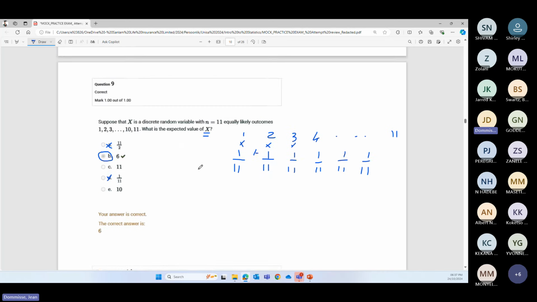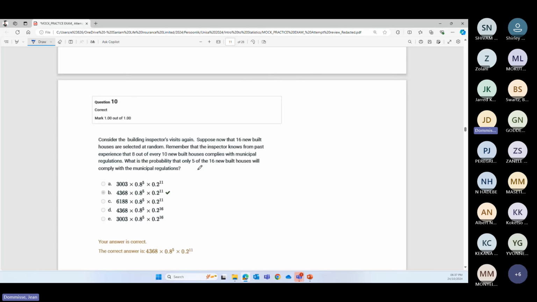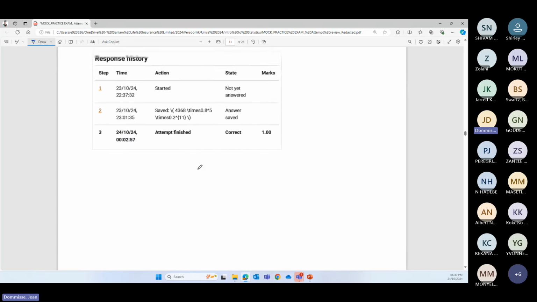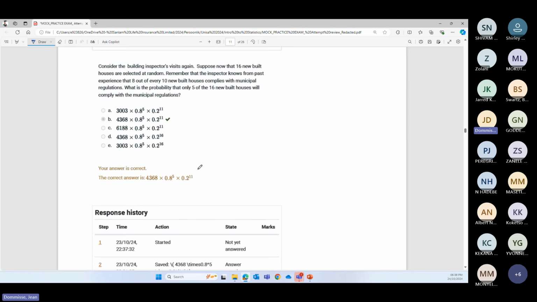Okay, so if that was discrete, then probably the next one is binomial, and then the next one is Poisson. Okay, so binomial: consider the building inspector's visit again. Suppose now that 16 new built houses are selected at random. Remember that the inspector knows from past experience that 8 out of 10 new built houses comply with municipal regulation.